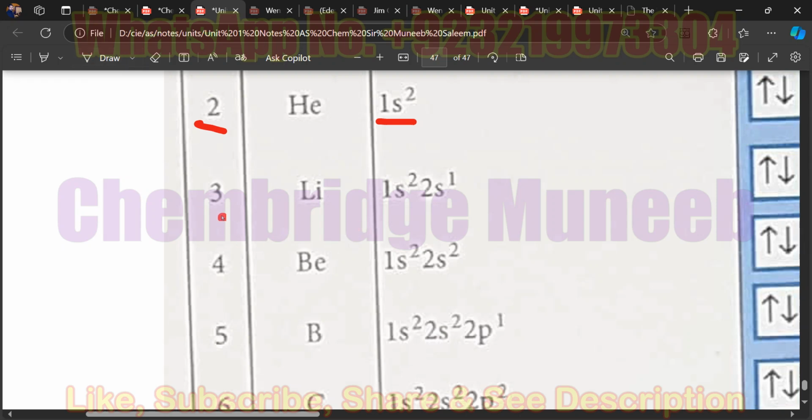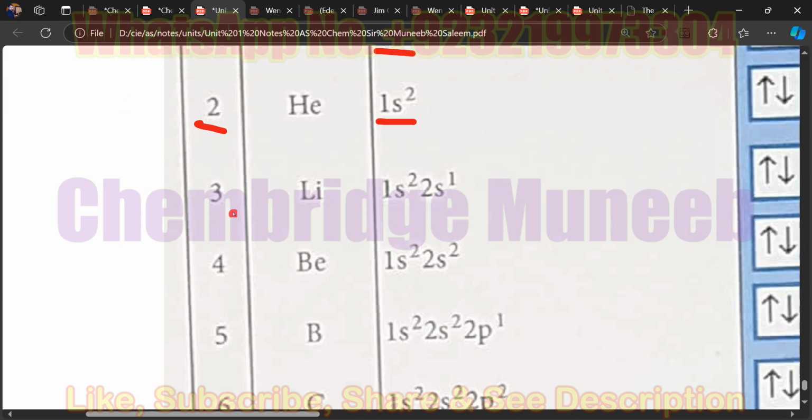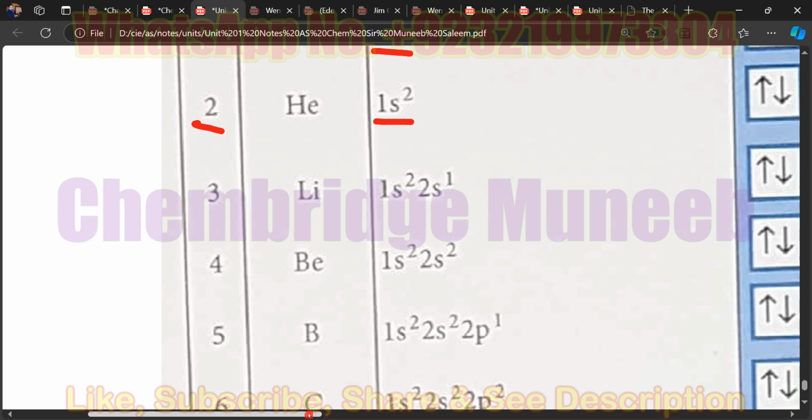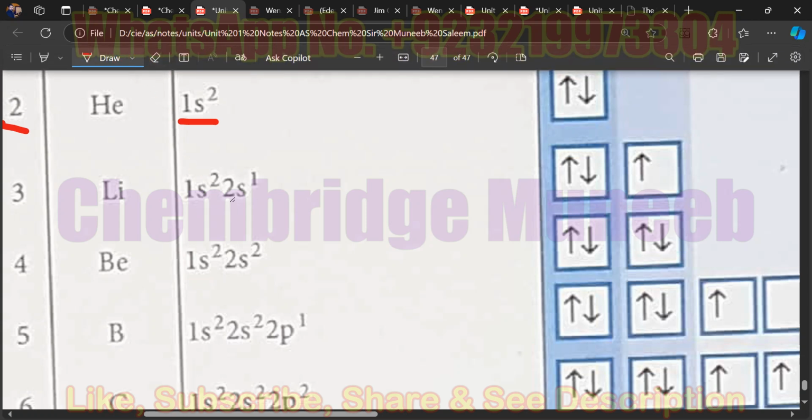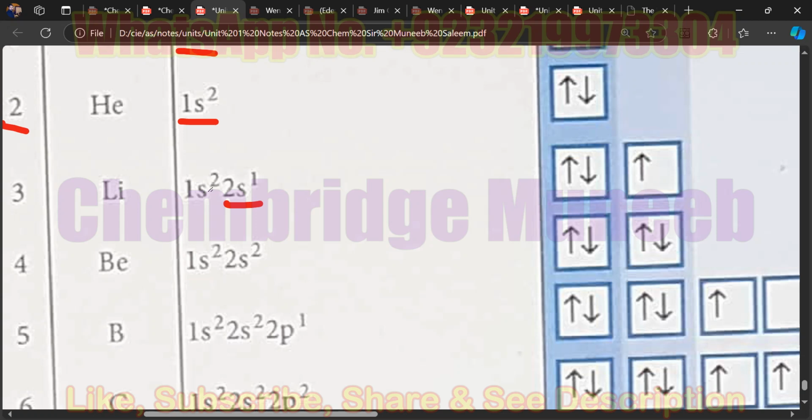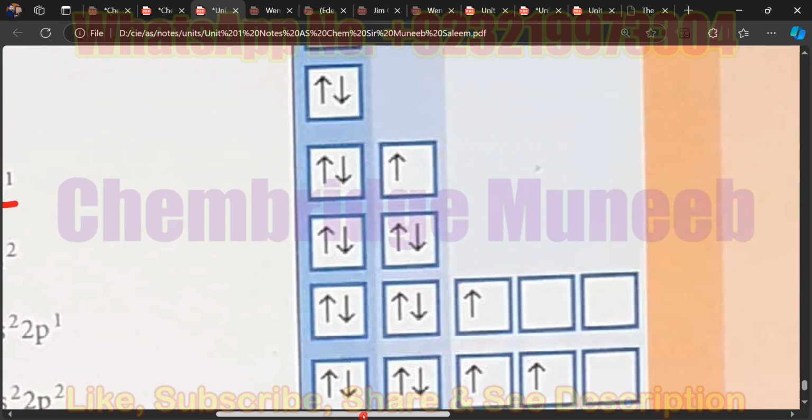Then comes lithium. Lithium has atomic number 3, which means it will have 3 protons and 3 electrons. So the filling of 3 electrons is according to this. After 1s comes the 2s, and there can be 2 electrons in the 1s, and after that comes the 2s.